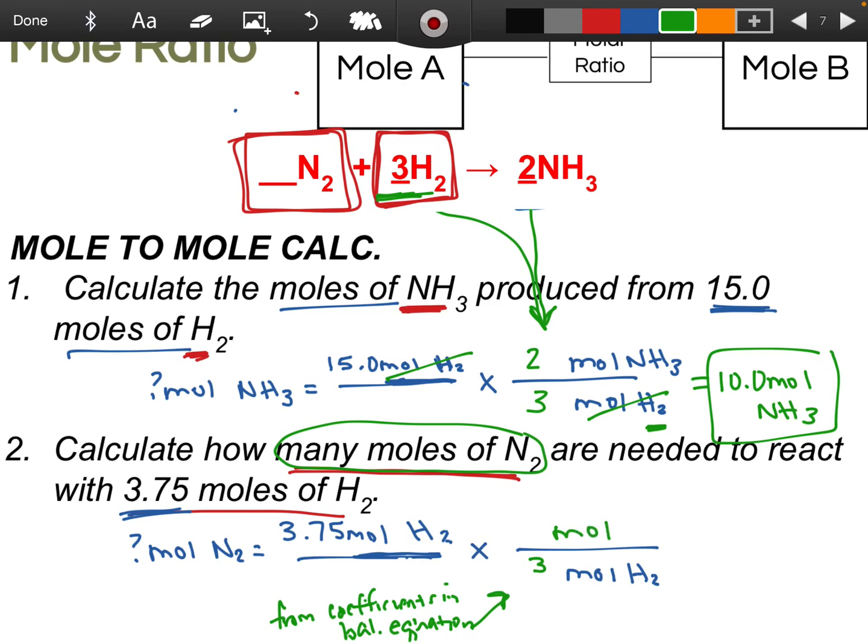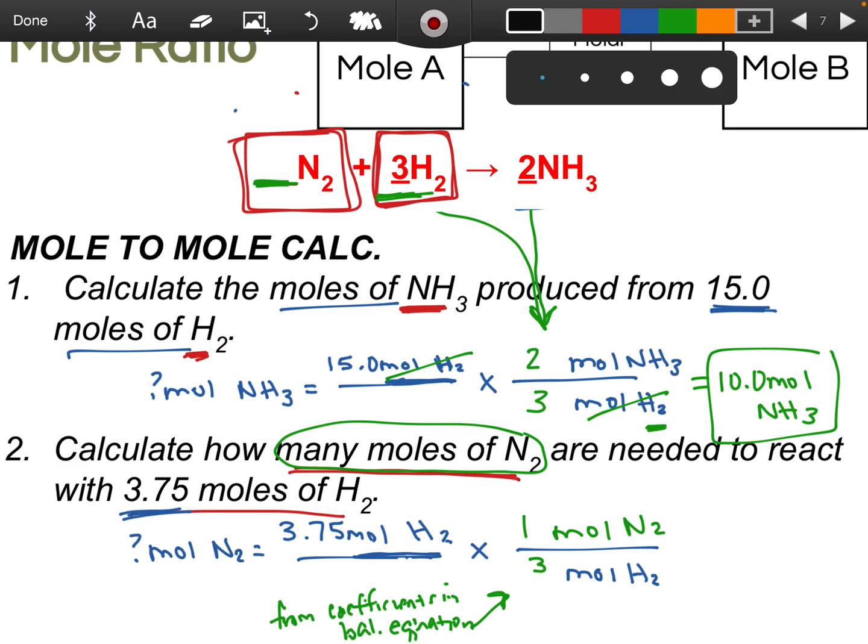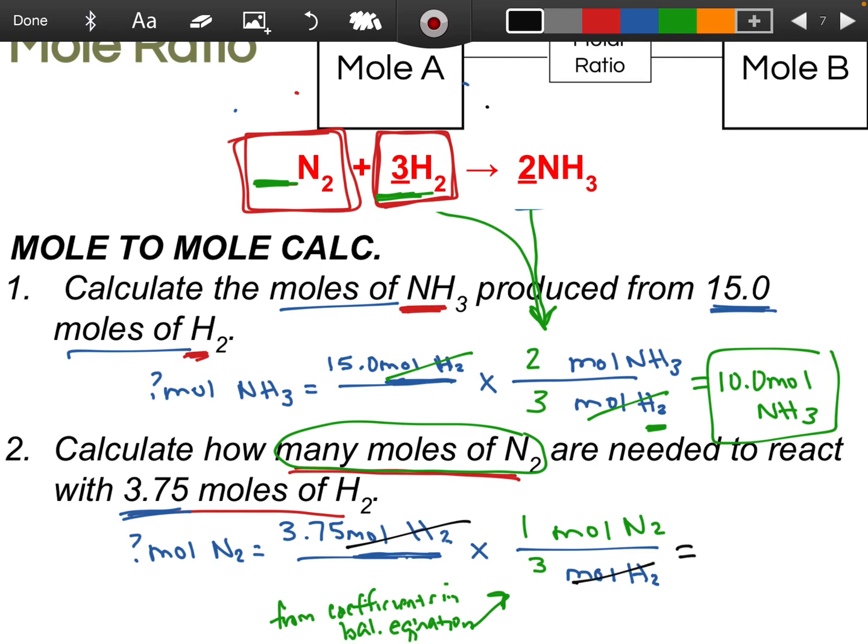So moles of N2 is going to go on top. From the balanced equation, we know that 1 mole of N2 reacts with 3 moles of H2. So moles of H2 cancels out. You're left with moles of N2, which is what you want. So 3.75 times 1 divided by 3 would give you a final answer of 1.25 moles of N2. So this is how you would use the mole ratio. And you use the mole ratio when you switch from one chemical to another.